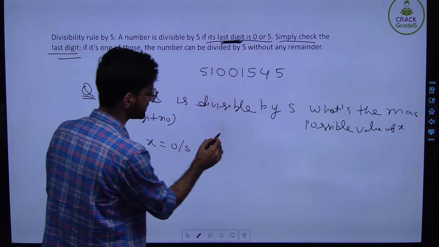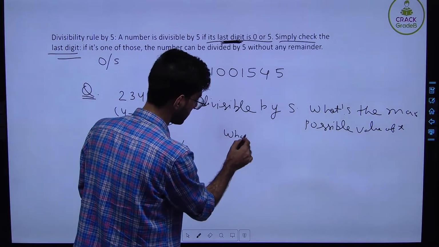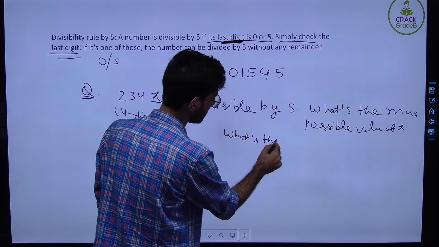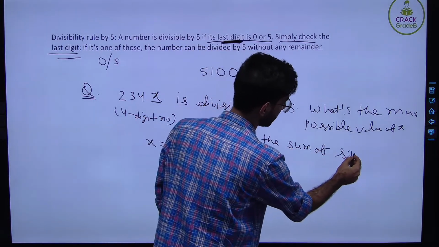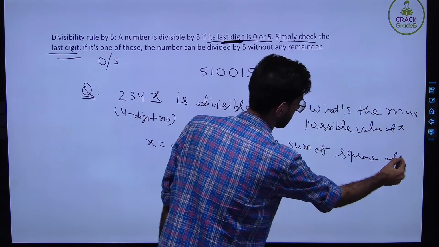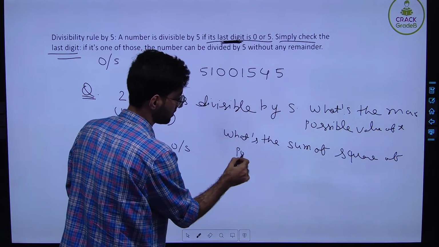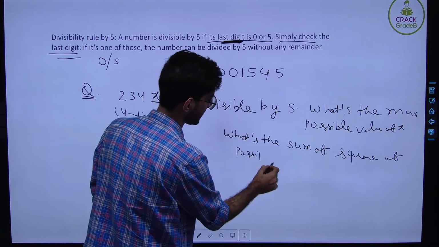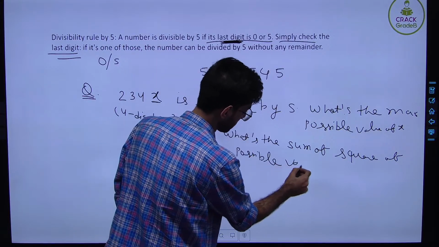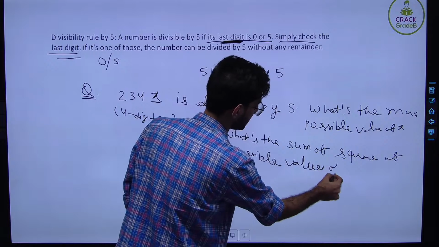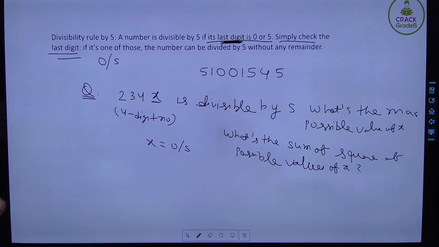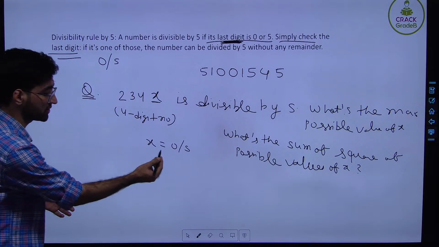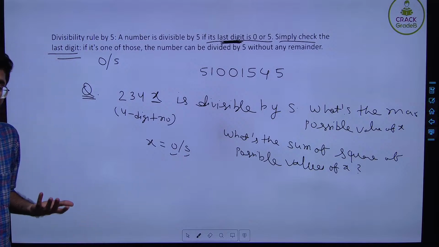And suppose they ask you what is the sum of square of possible values of x? See, there are two possible values of x, 0 or 5.